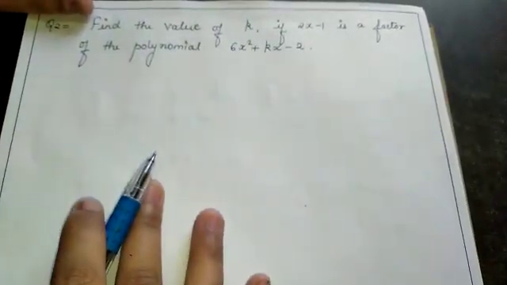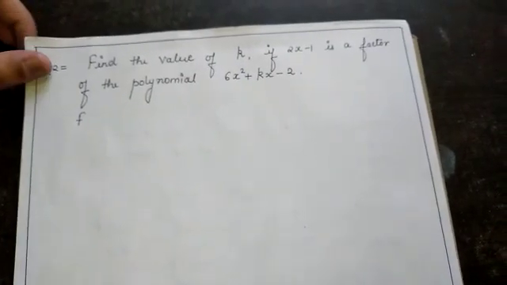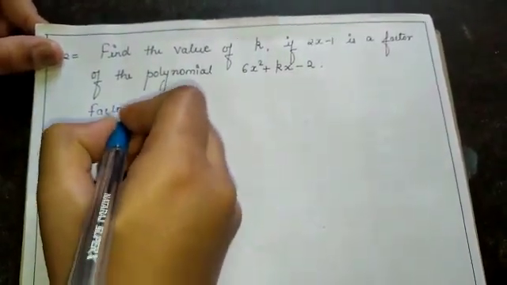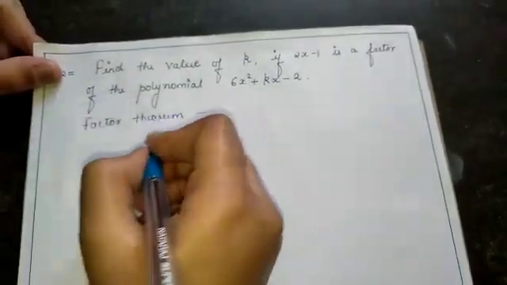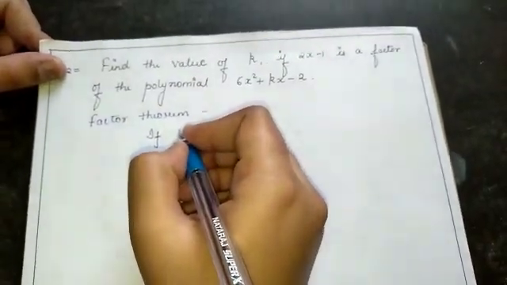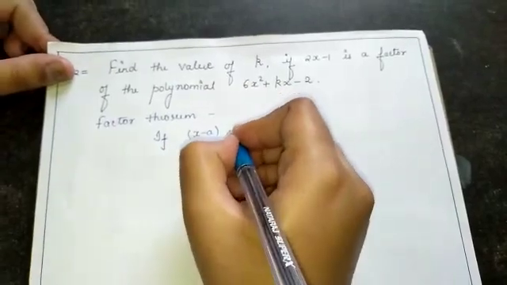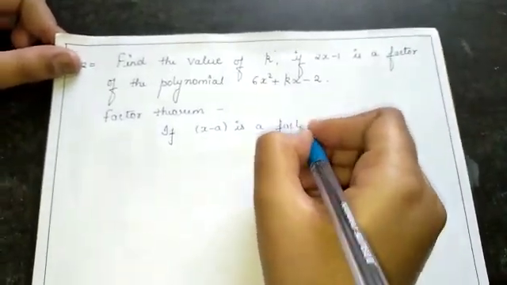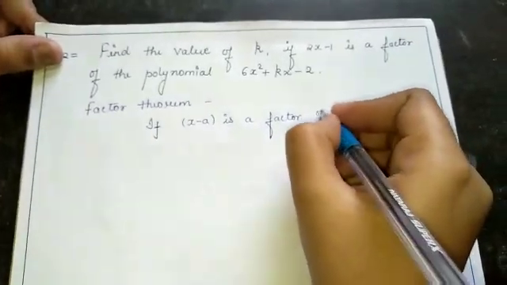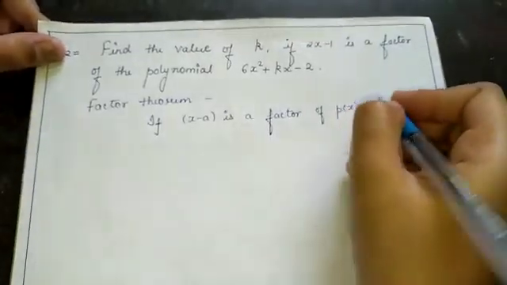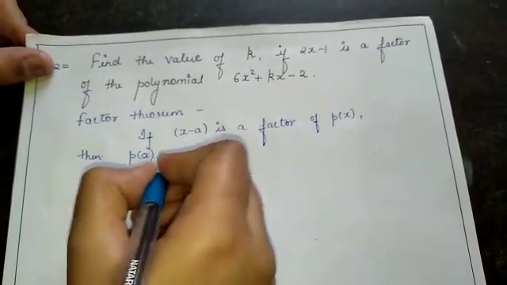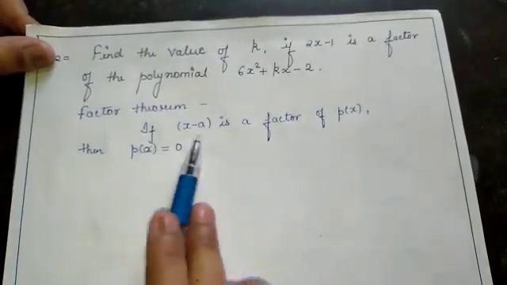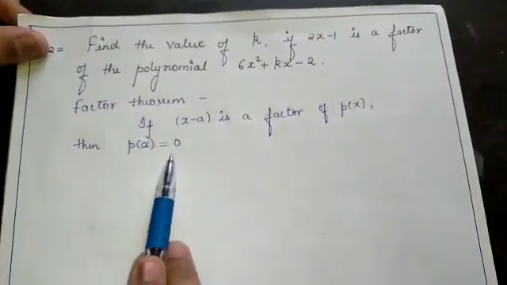So in this question we also apply the factor theorem. The factor theorem says that if x minus a is a factor of p(x), then p(a) is equal to 0.